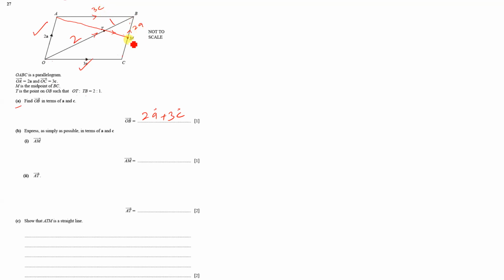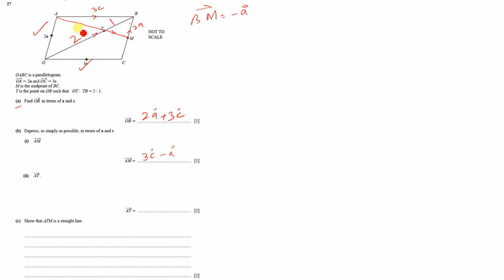And M is the midpoint, so BM is the opposite direction of CB, so it is half of 2a, and the direction is the negative of CB, so this is negative a. Now AM is equal to AB plus BM. So this is equal to 3c minus a.